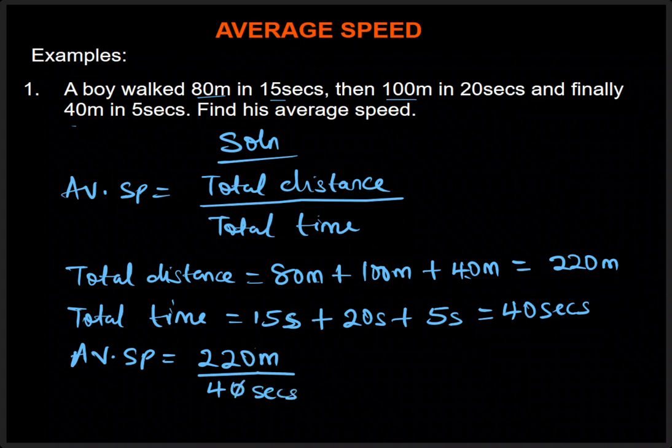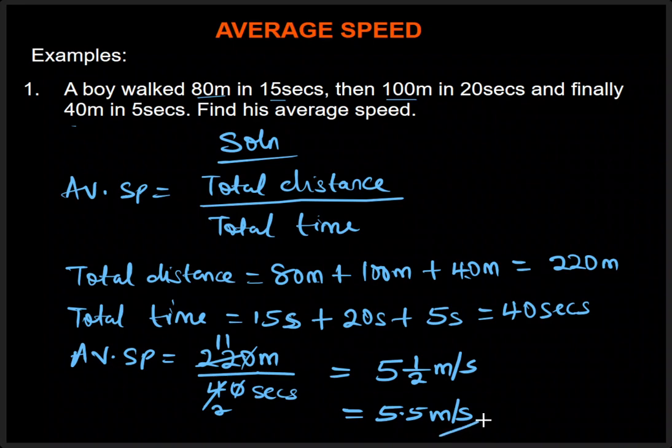All right, so the zeros cancel, and then 2 over 4 gives 11 over 2. So that will give us 5 and 1/2 meters per second, which is the same thing as 5.5 meters per second. So this is our average speed.